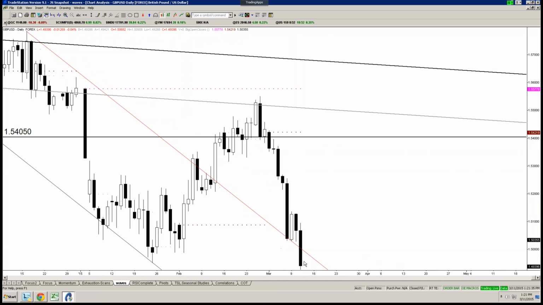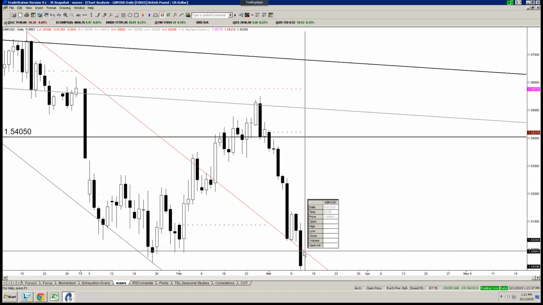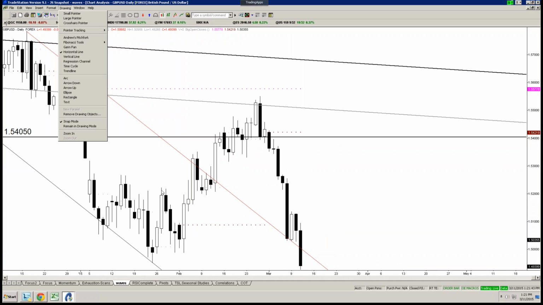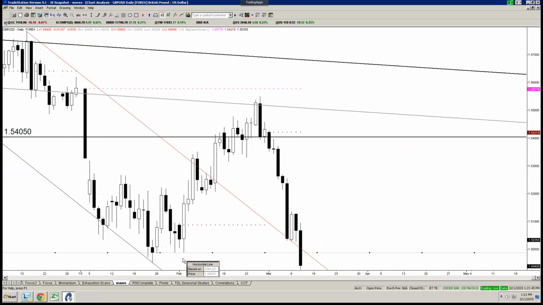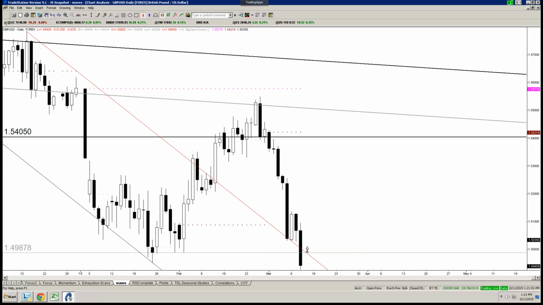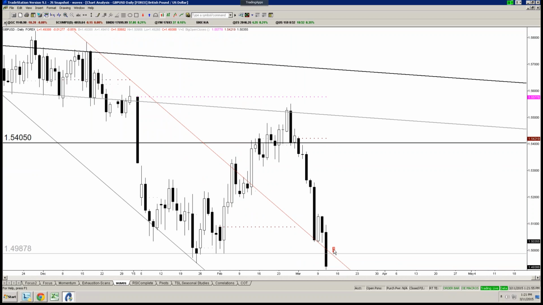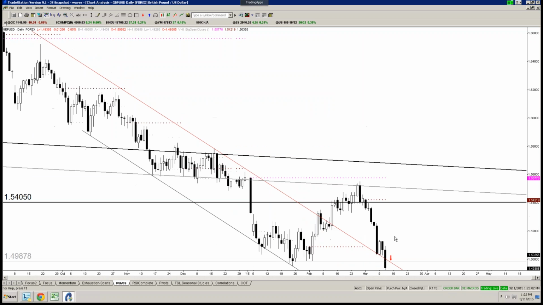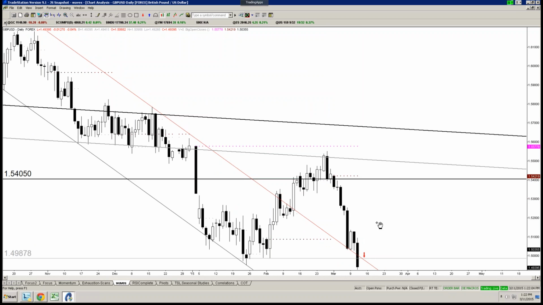So this line, where's that, about 149.90? Which would make sense because, what's that, former lows there. So this is now resistance. 149.90 is resistance for pound dollar, which is a good thing, I guess, if we're short pound yen.